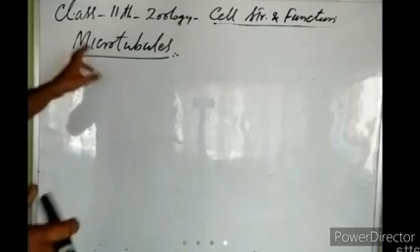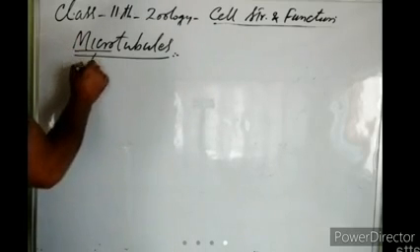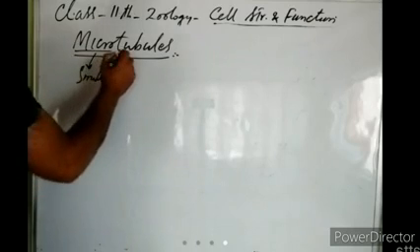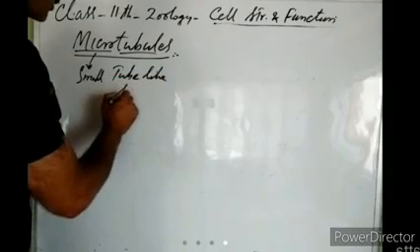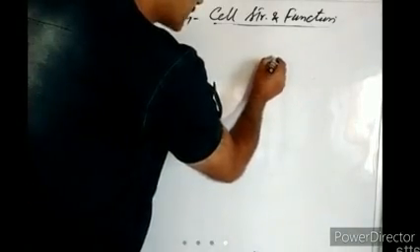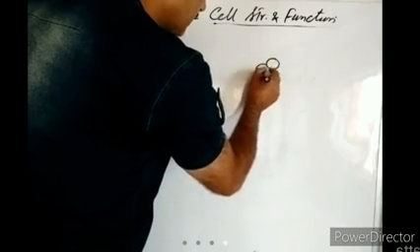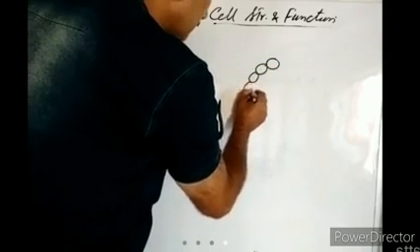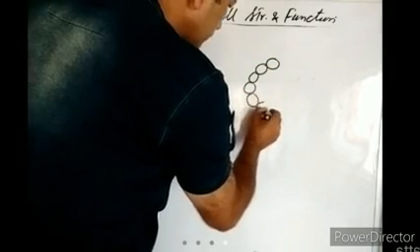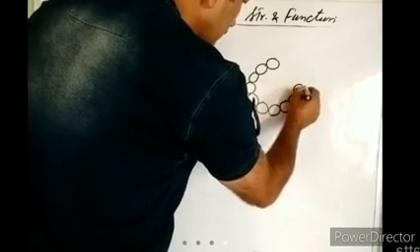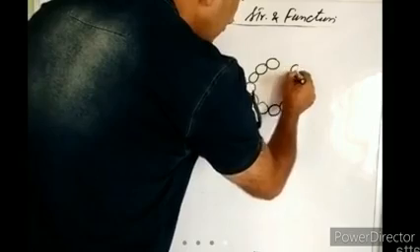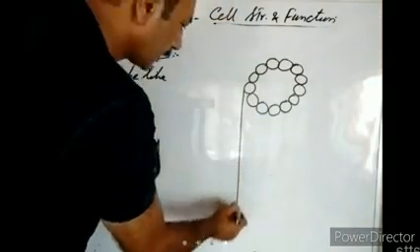Micro means small, and tubule means tube-like. These small tube-like structures are formed of 13 protofilaments.